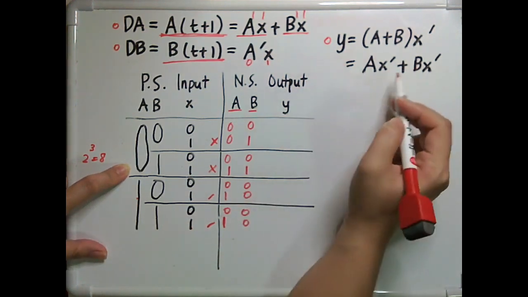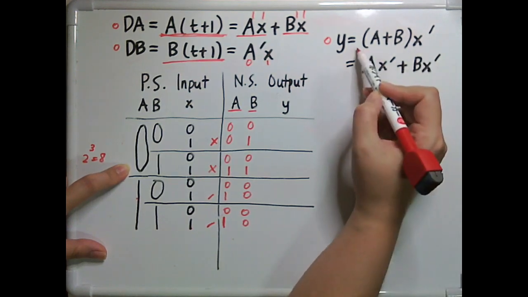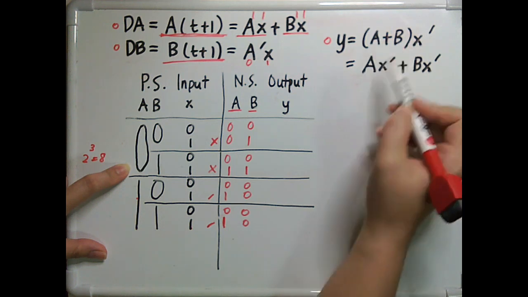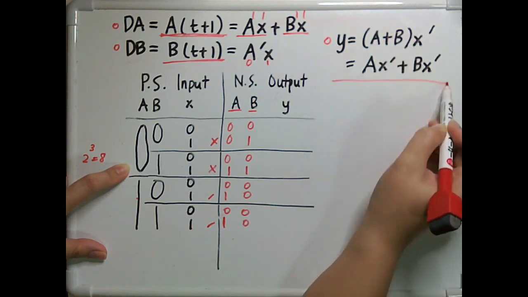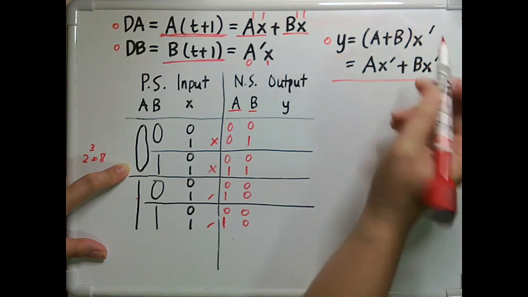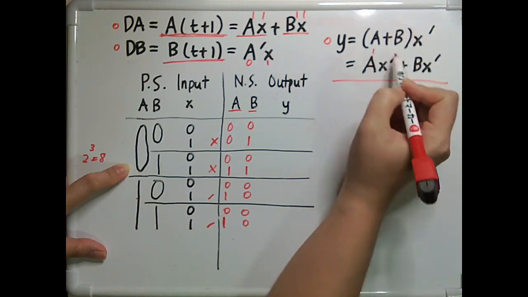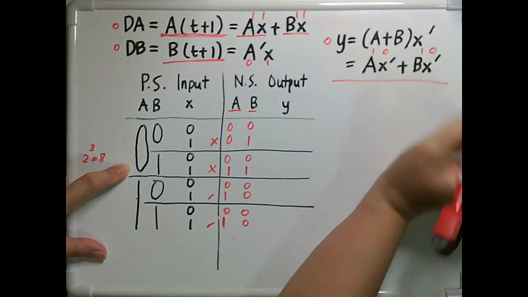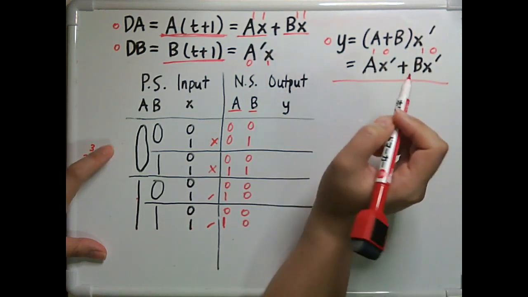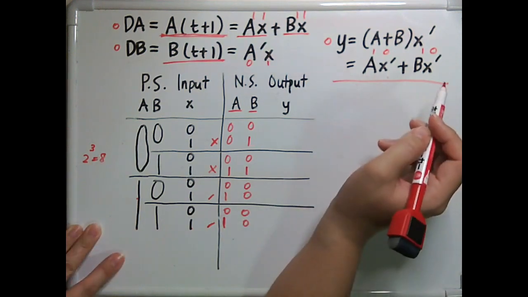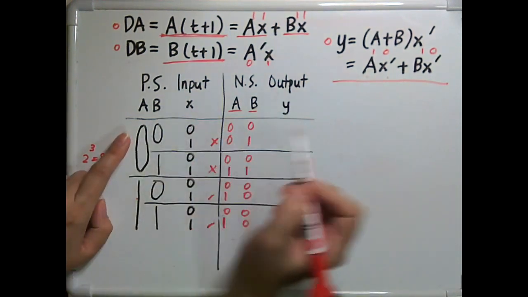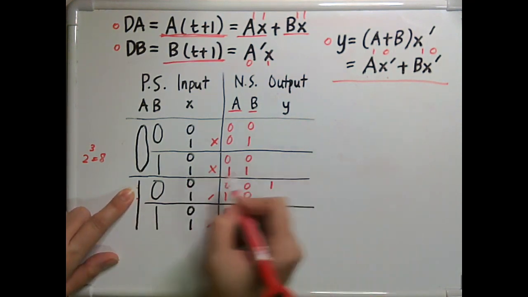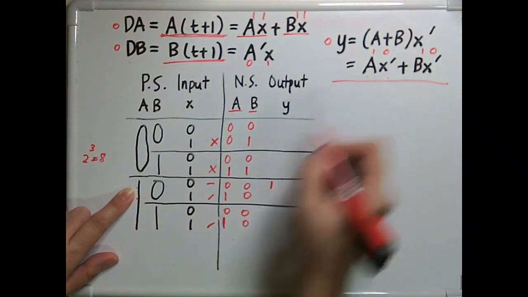Okay, and lastly we have y here. So this was our original function. We can distribute x prime into a plus b, so therefore we have this new y equation here. So a is unprimed, x is primed, b is unprimed, x is primed. Okay, so 1, 0 for our a and x respectively. So let's find that here. 1, 0. So we have 1, 0 here. So this part. And what else?